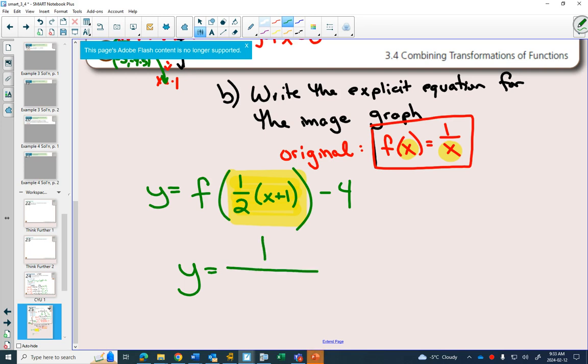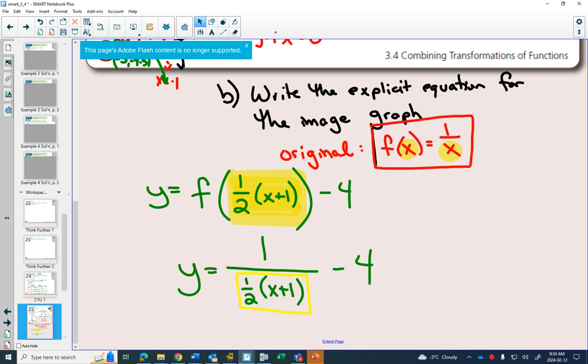So I would have 1 over, and on the bottom of my fraction, what was in the yellow, notice it gets replaced where the x was. And then I have a minus 4 after. That minus 4 after would be the same. Okay? This is the explicit equation.